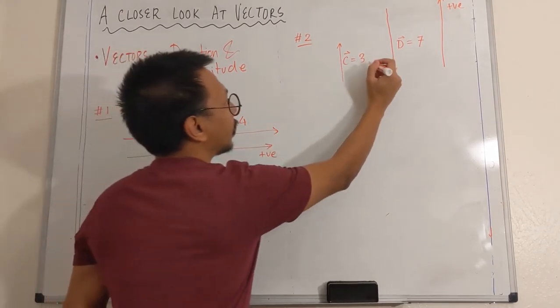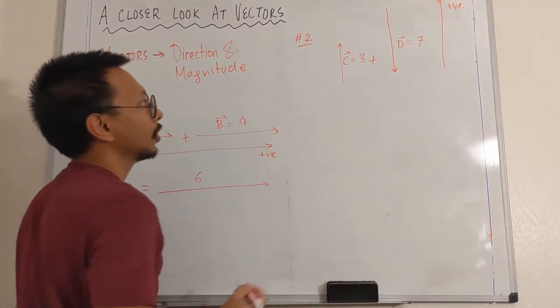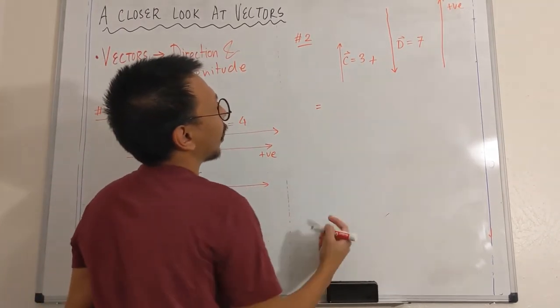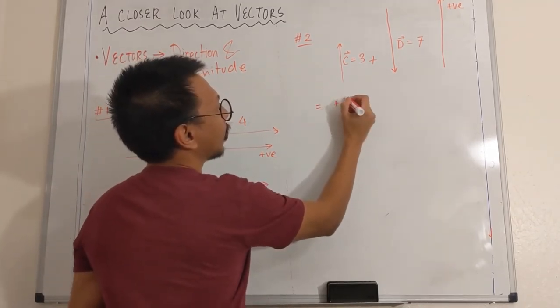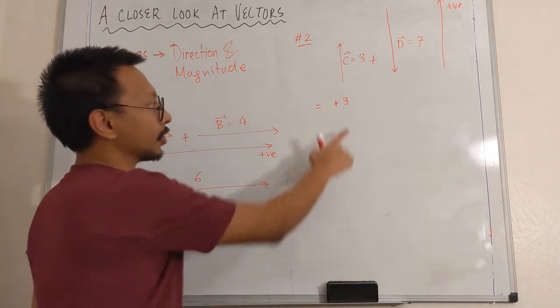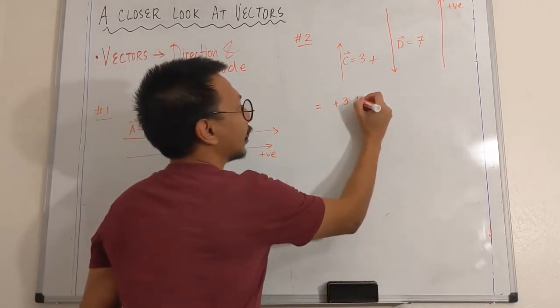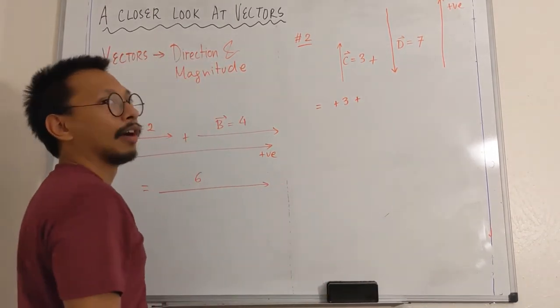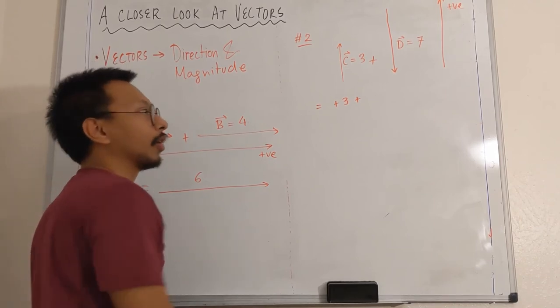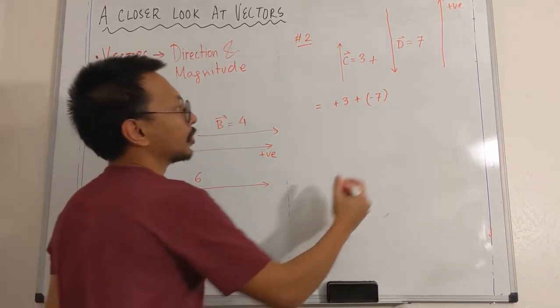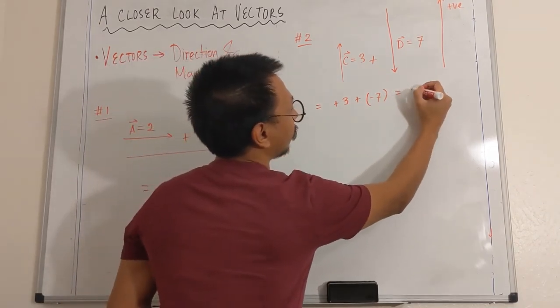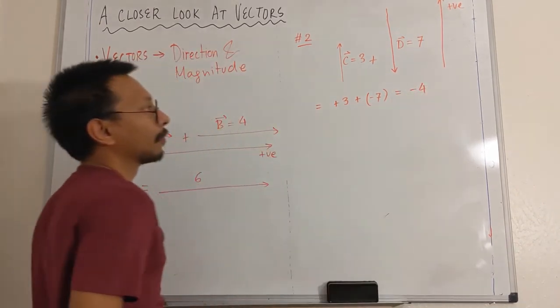So when we add the two, notice what happens. We have a positive vector C going up, which is positive, that is added to a vector D which is going down, so that's a negative vector, minus 7, which gives you minus 4.